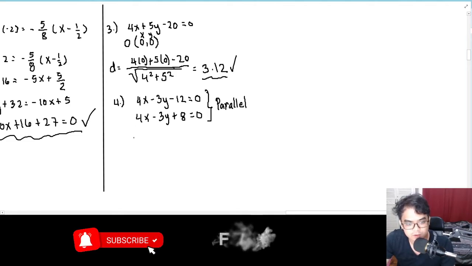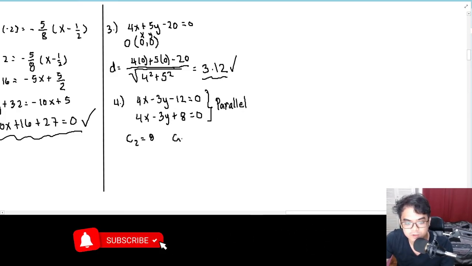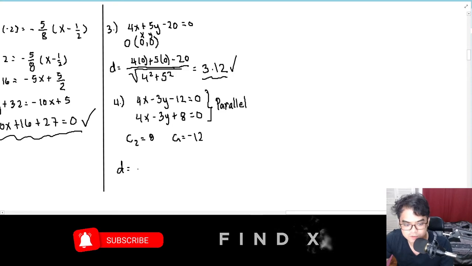Let's say that C2 is equal to 8, and then C1 is equal to negative 12. Therefore D is just equal to the difference of C2 minus C1.